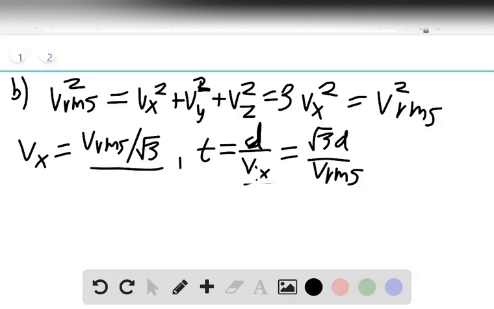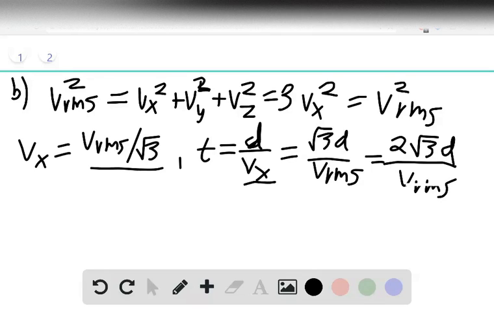So the time for a round trip is multiply that by 2, because it's round trips going to and from. So thus, the number of back and forth trips per second is the reciprocal of the time.